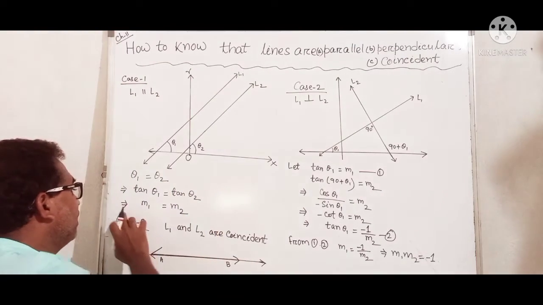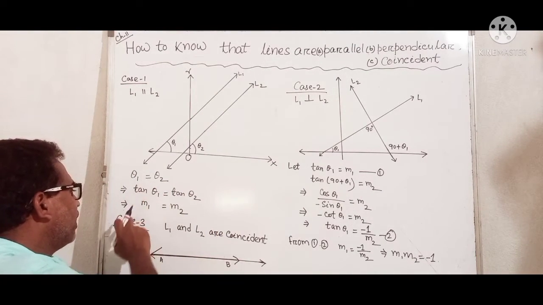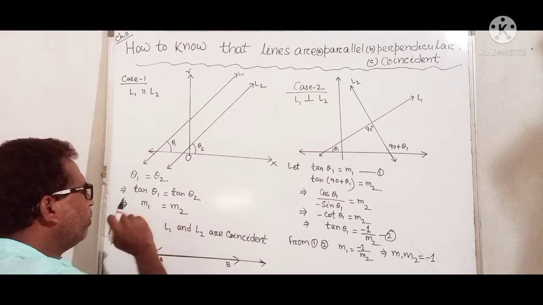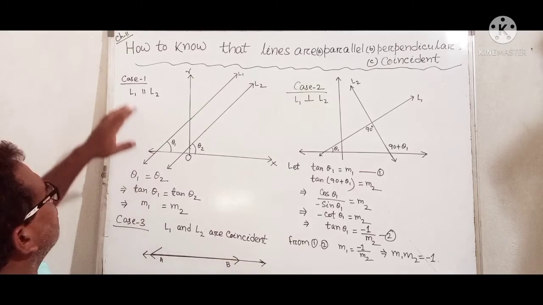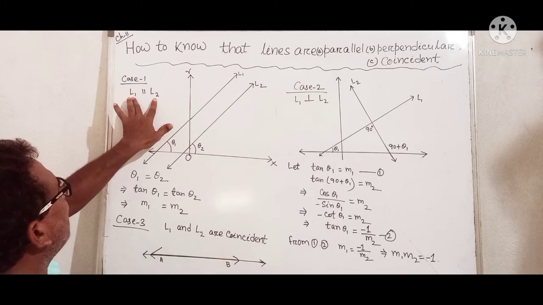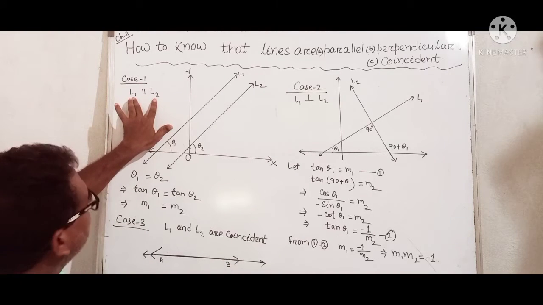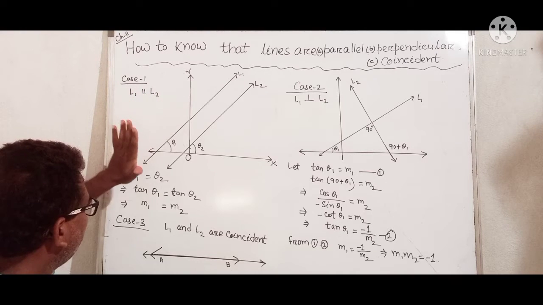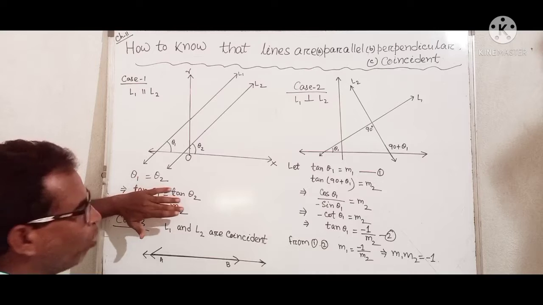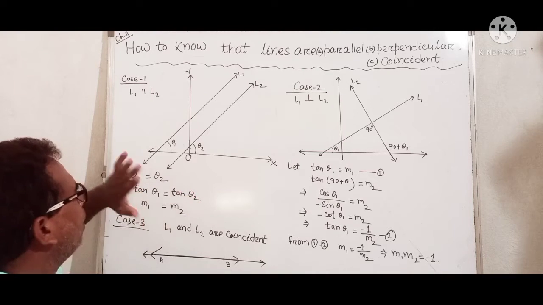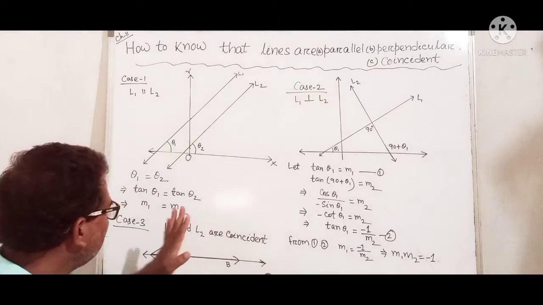That means symbolically we can write m1 is equal to m2. So if two lines are parallel, then m1 is equal to m2. That means slopes are equal. This is the result.